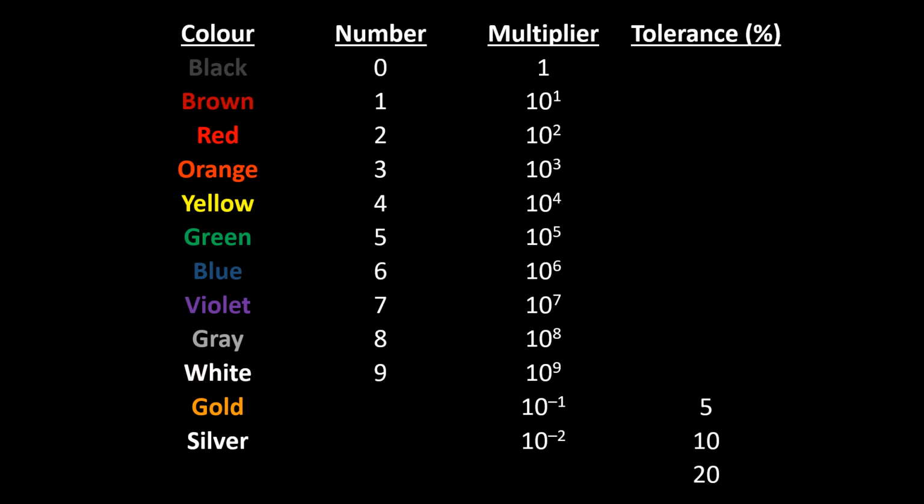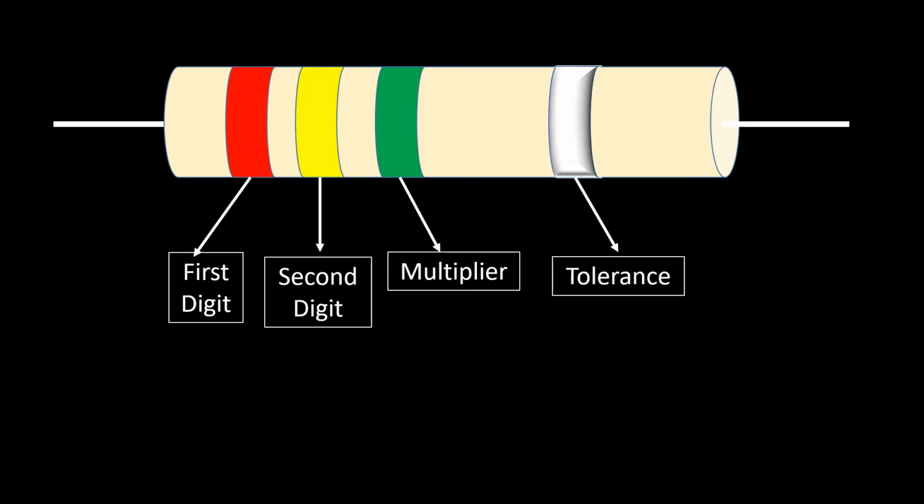Let us try to decipher our previous resistance value with this table. Here is the resistor we considered, and now I want to find out which value it is indicating. So I'll have to recall my color code.